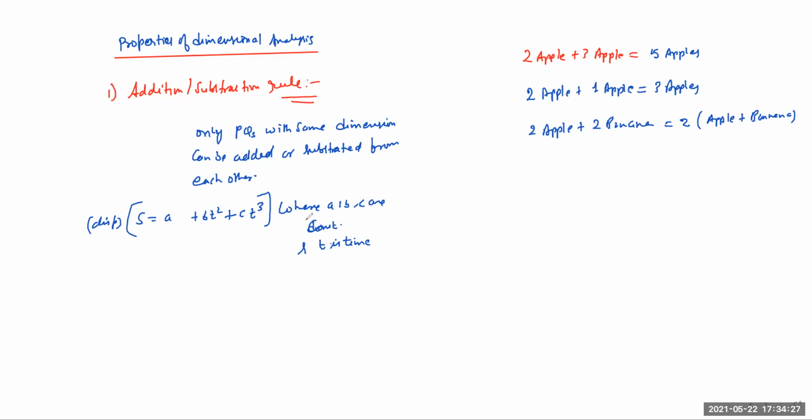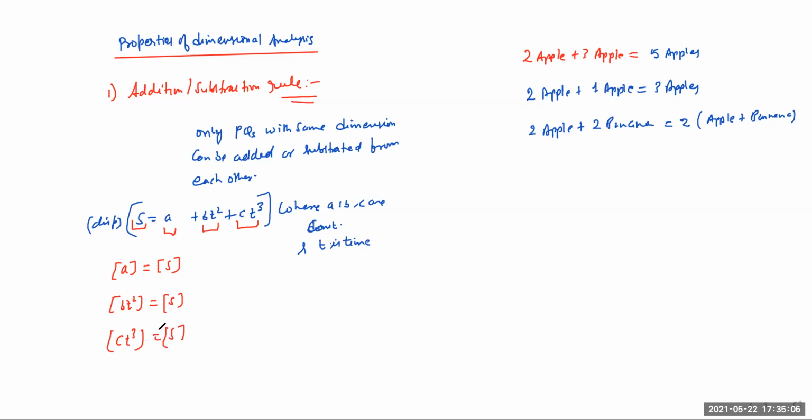If I have written this formula, then what is already understood is that dimensionally a must be same as bt square, must be same as ct cube. All must have same dimension, and all dimensions must match the dimension of LHS, which is displacement. So dimensionally, a must be same as s. Dimensionally, bt square must be same as s. Dimensionally, ct cube must be same as s.